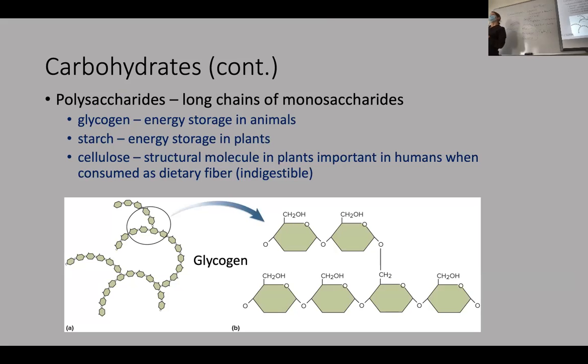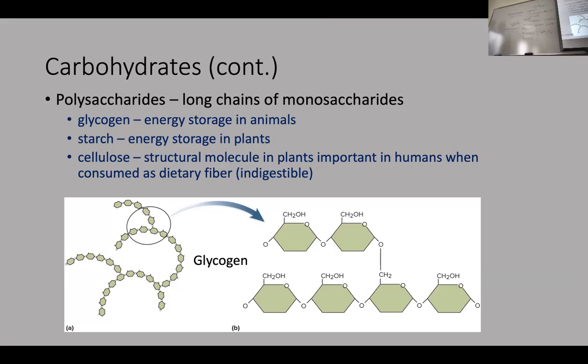And then cellulose is a very, very strong polysaccharide that is found in plant cell walls. The reason it matters to us is because it's a really important source of fiber in our diets. So it's not energy, but it cleans out the digestive system. We can't digest it, but it cleans us out.